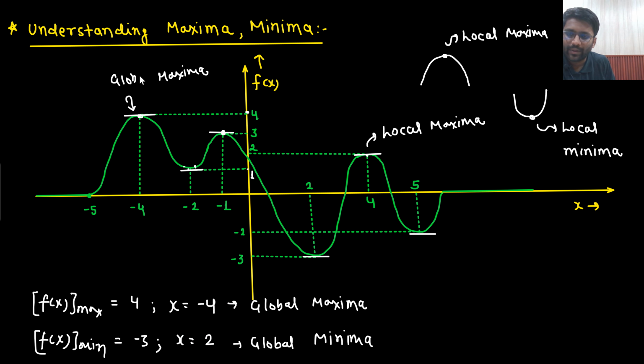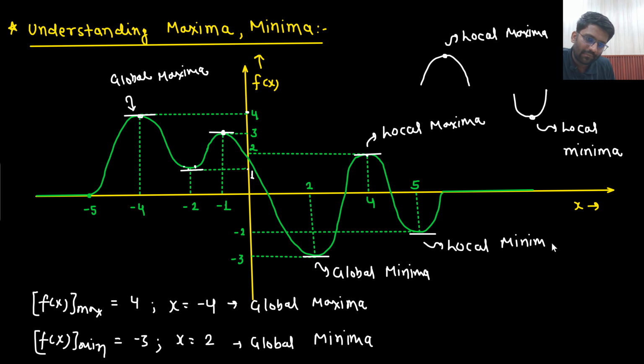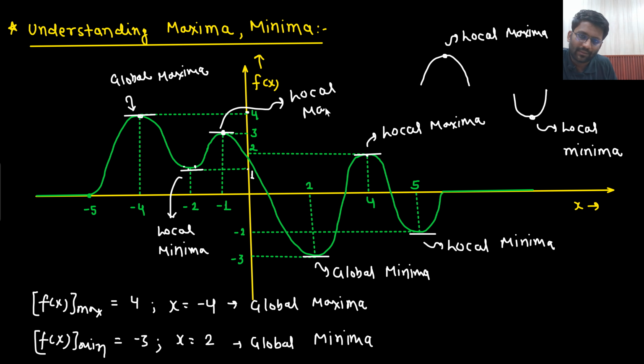This will become global minima. This will become local minima. This will also become local minima. And this is also local maxima. Is that understandable to you?